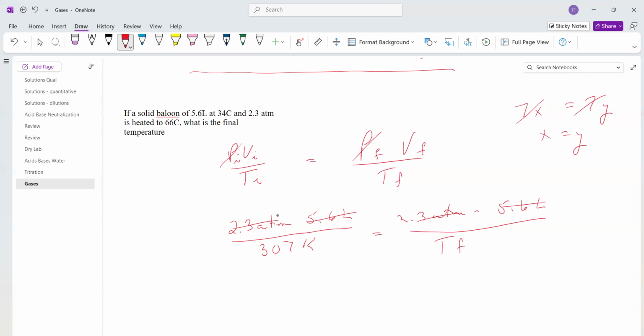So if we were to bring this over here, now it's on the top. If we bring this over here, it's now on the top. So what's the final temperature?